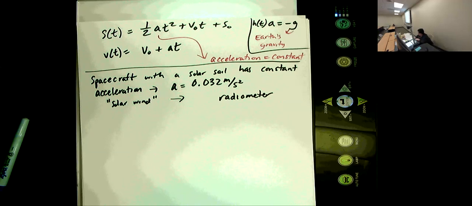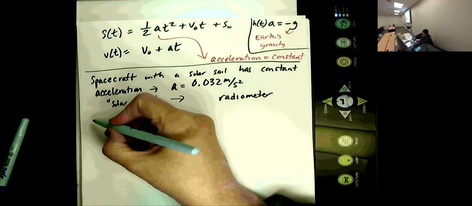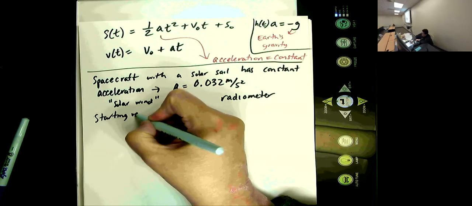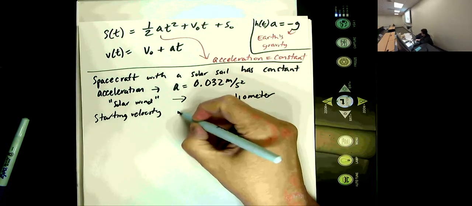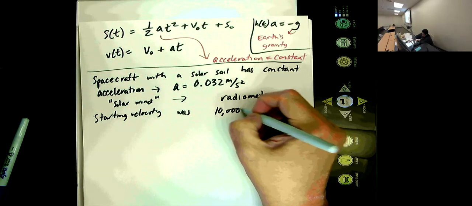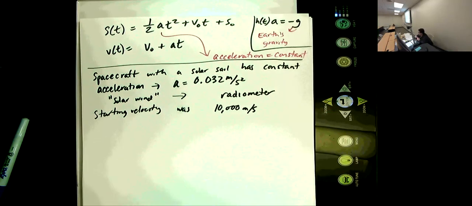Okay, but let's say starting velocity was, I don't know, 10,000 meters per second. Clearly, this wasn't when the spacecraft launched.